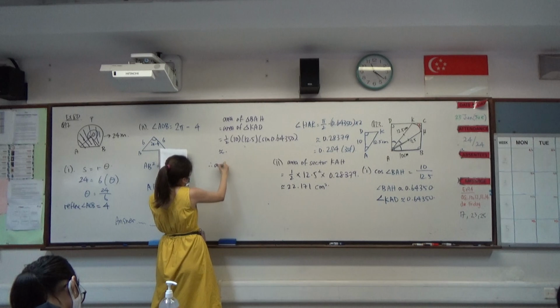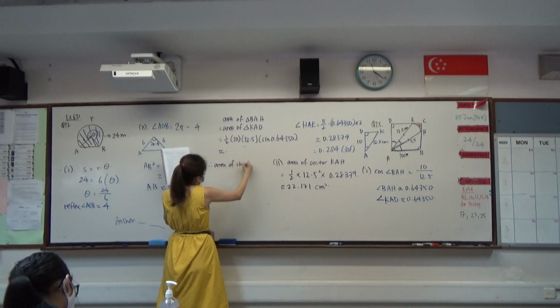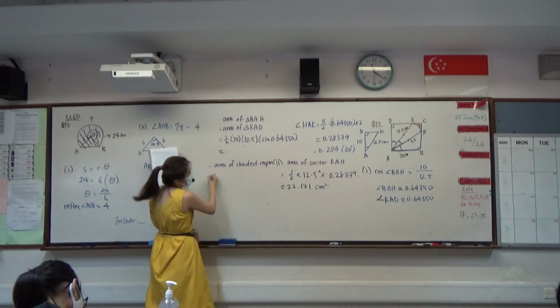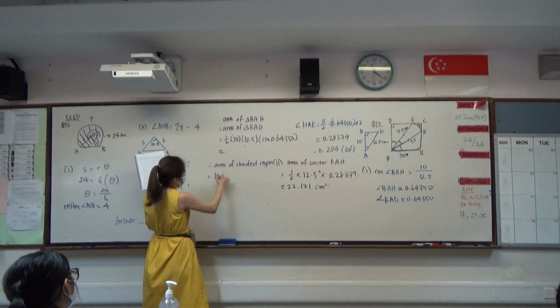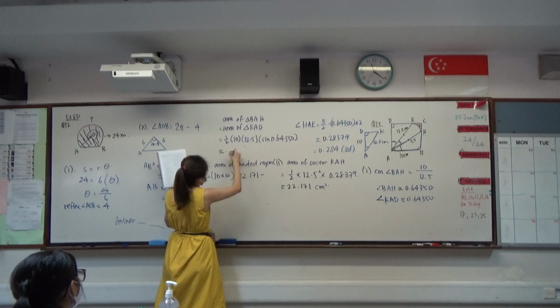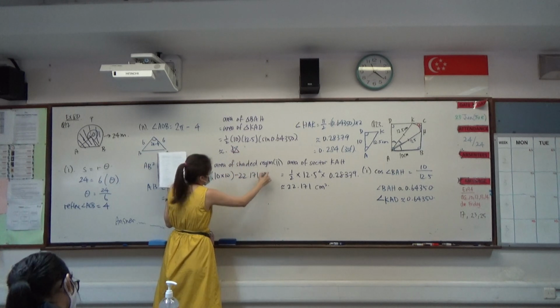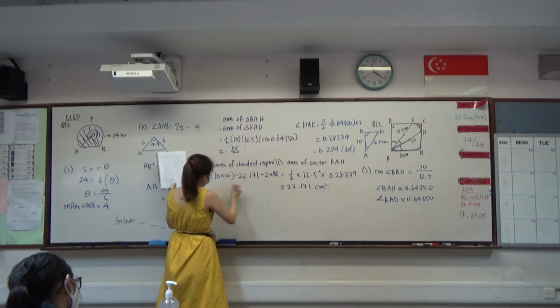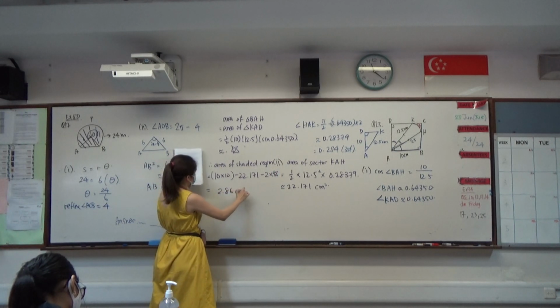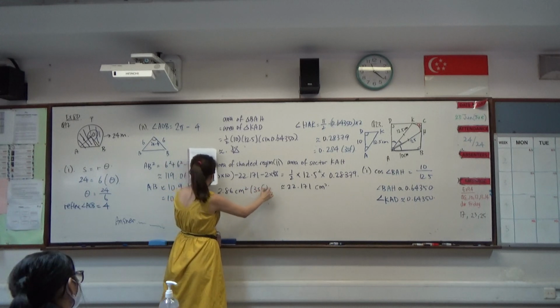Therefore, the area of the shaded region will be considering the area of the square, which is 10 times 10, minus away 22.171, minus away, I leave you to do the calculation, 2 times of that. Okay, final answer will be 2.86 cm squared, to 3 SF.